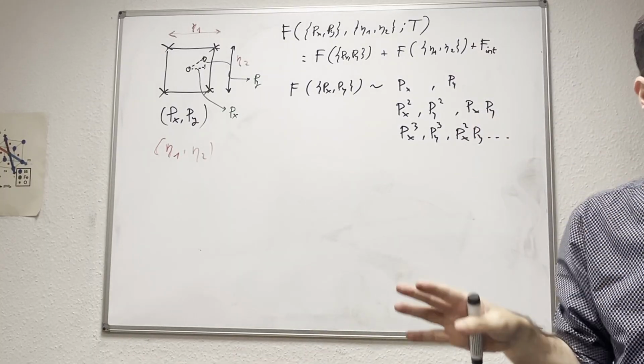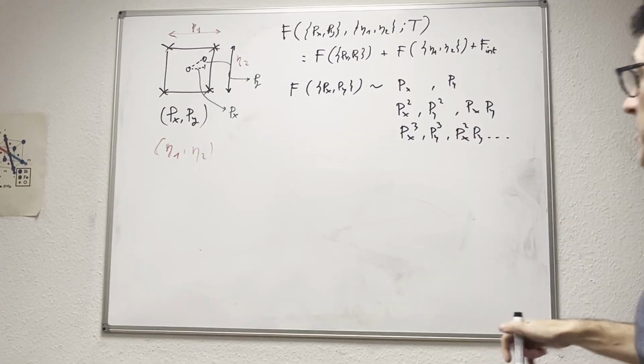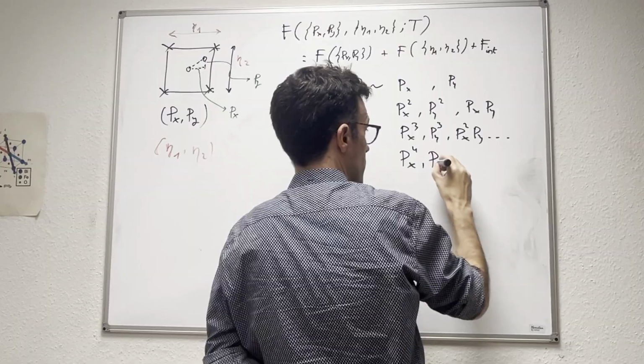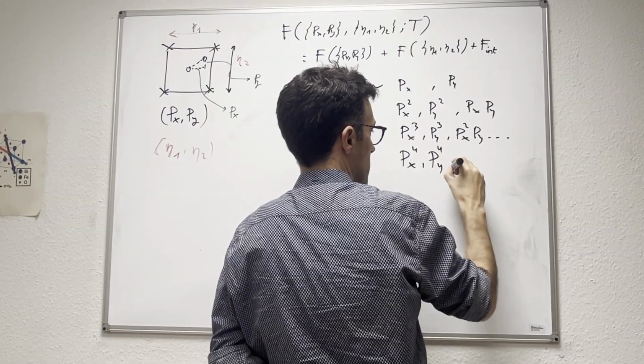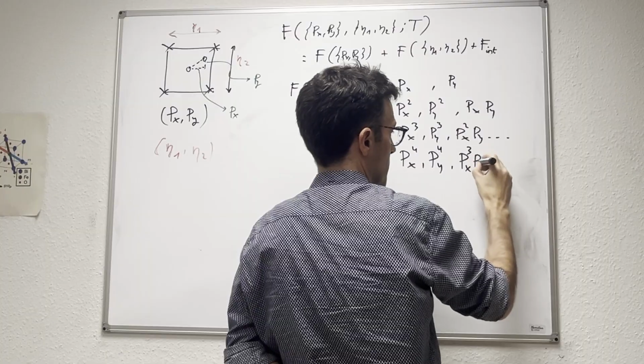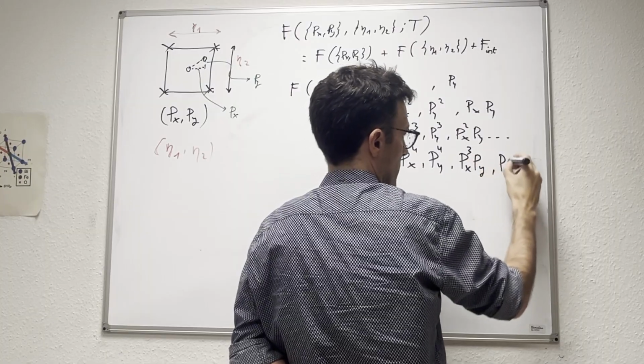This is a necessary condition to recover our previous simpler theory. So to fourth order, we could have terms that are proportional to this, or coupling terms in our energy. And then we could have things that are like this. And then we could have things that are like this.